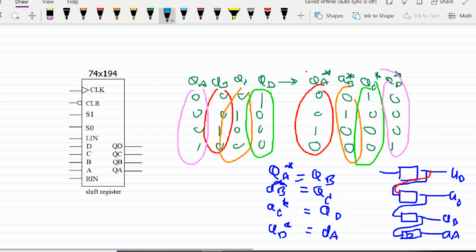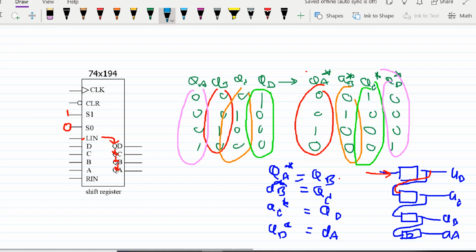QD to QC. QC to QB. QB to QA. And this serial input, of course, for this mode must be from L in, L is left. So you must use shift left, okay, L in. So you apply 1 at here, 0 at here. It's shift left mode.